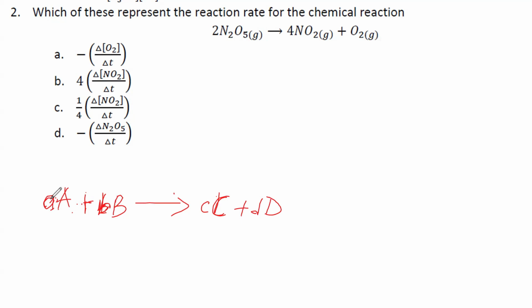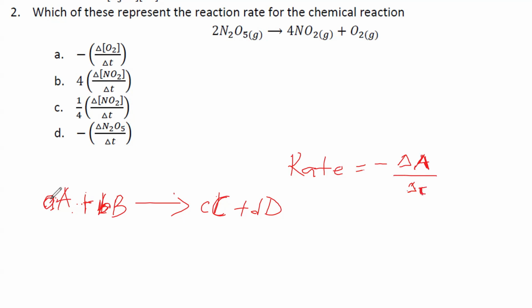You can measure the rate by the decrease in concentration of A, so that is why it is negative, change in concentration of A divided by change in time.